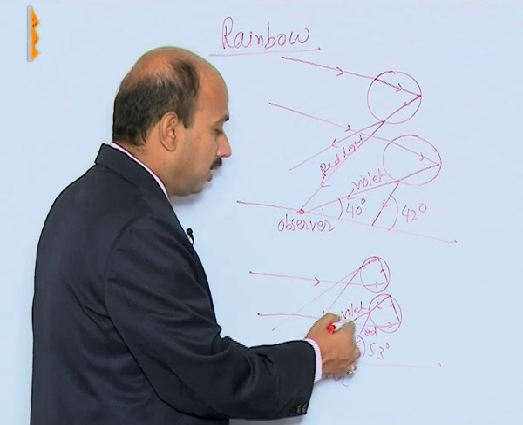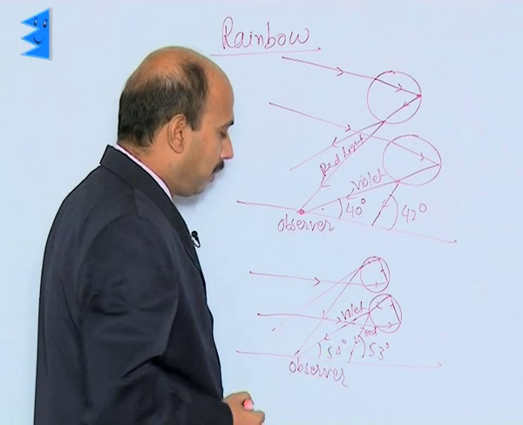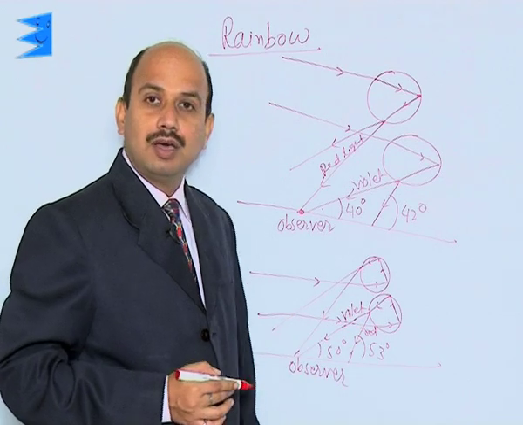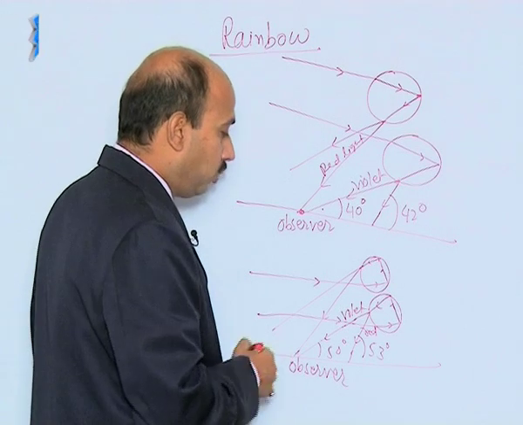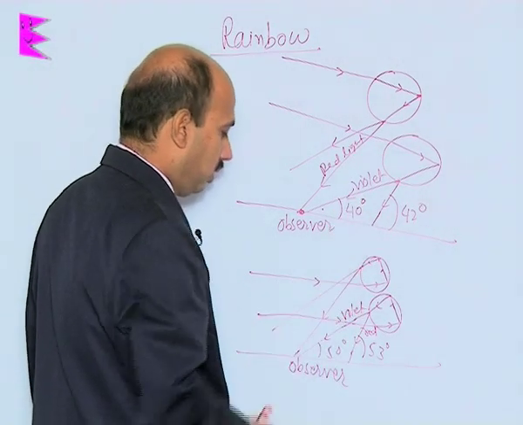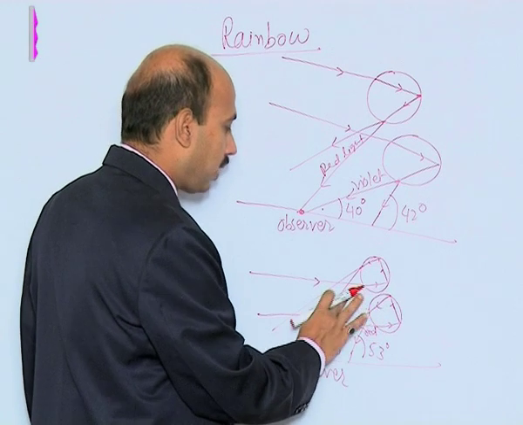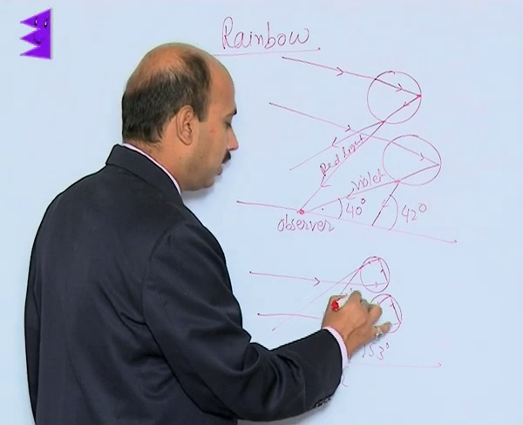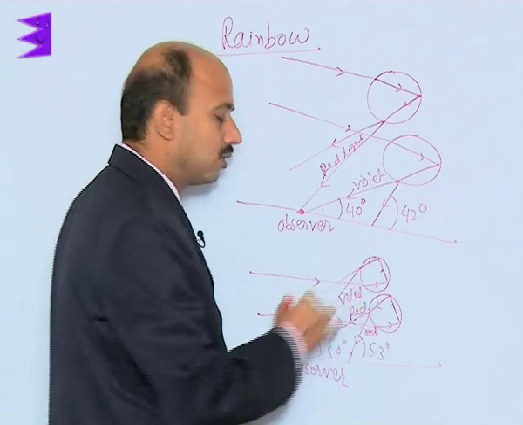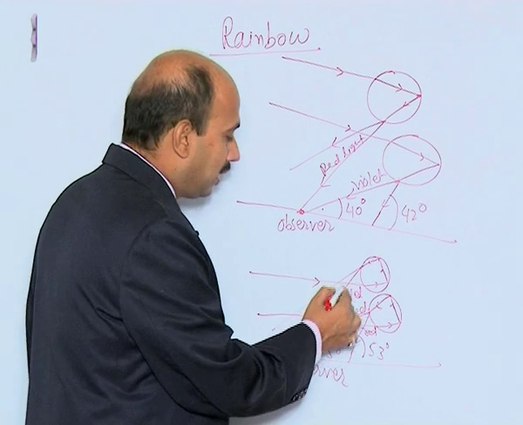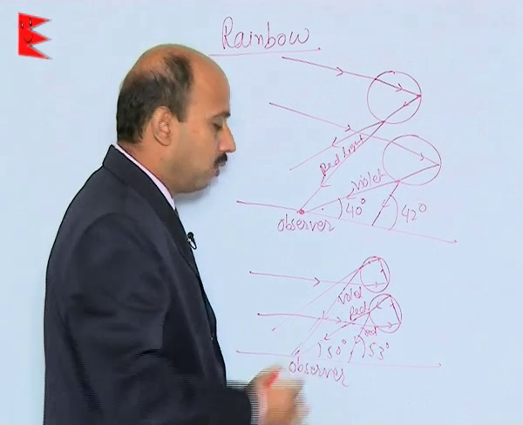Because of that, the violet color is the uppermost color and the red color is the lowermost. Sorry, this one is the violet and this one is the red. So violet is the uppermost and red is the lowermost.